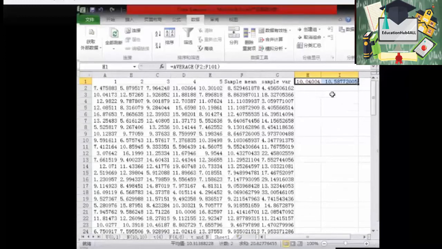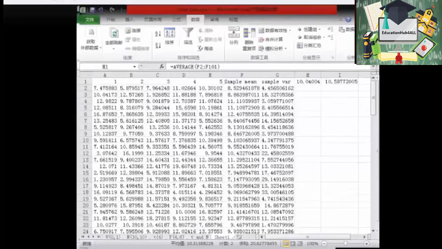But what does the distribution look like? We can draw the distribution of a sample mean. Okay, now let's draw. As I said, this is in theory the distribution of the sample mean.